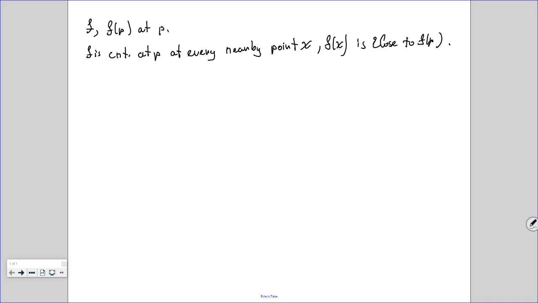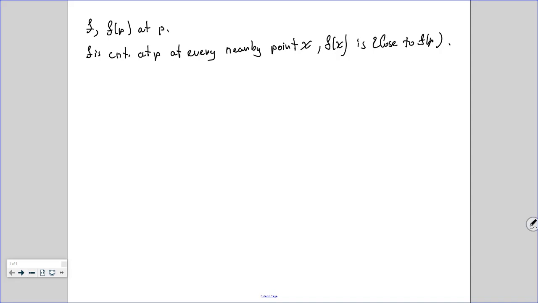In other words, if we move x toward p, we want the corresponding function values f(x) to become arbitrarily close to f(p), regardless of how x approaches p.